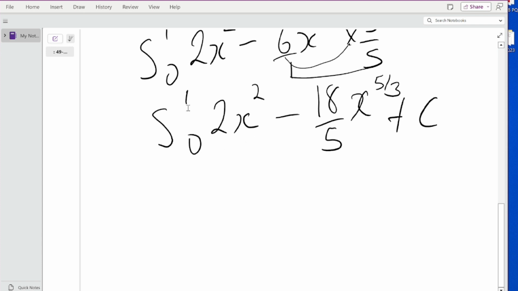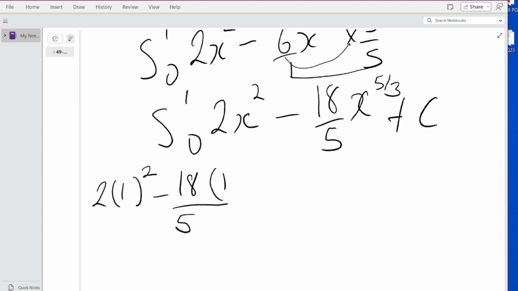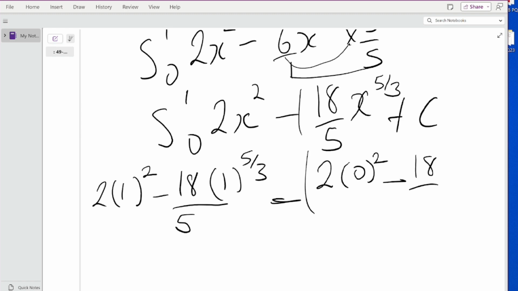But let's just do it for those who don't really understand, the way it should be done. On the one with 1, we have 2 into open bracket 1 to the power of 2, minus 18 over 5, 1 to the power of 5 over 3, minus, the same expression for 0: we have 2, when x is 0, minus, put in brackets to separate it, 18 over 5, 0 to the power of 5 over 3 in brackets.